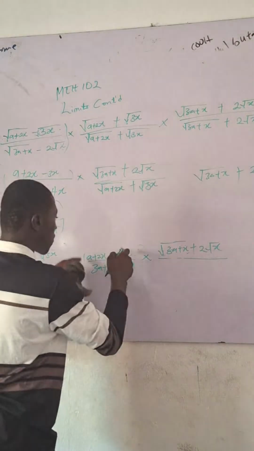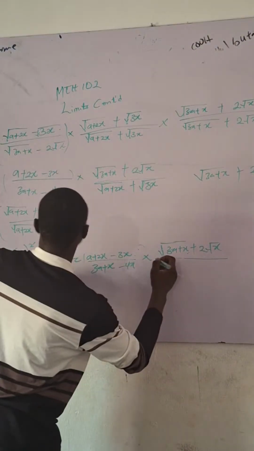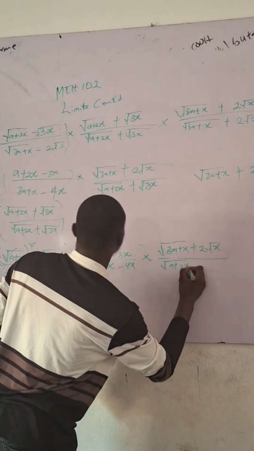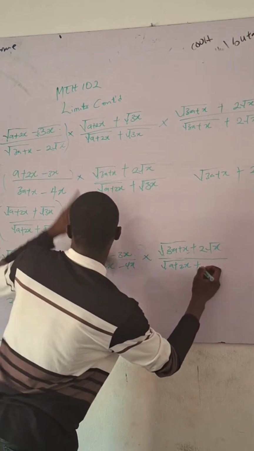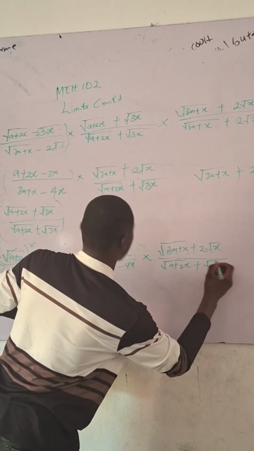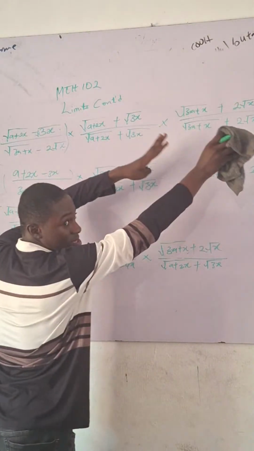Then the conjugate of your question, so that will be square root of a plus 2x plus square root of 3x.